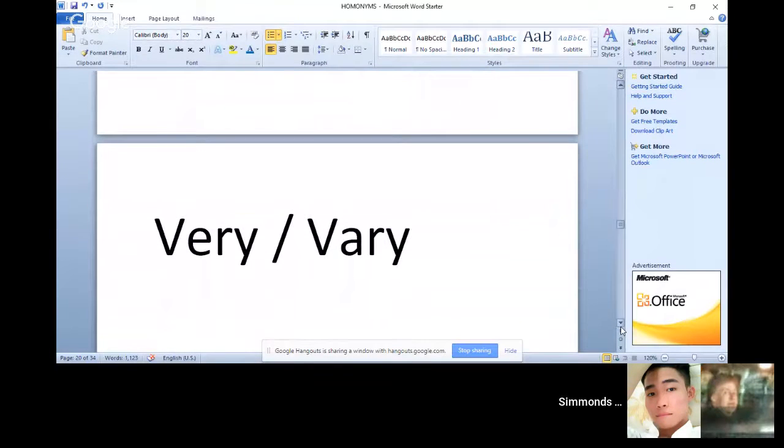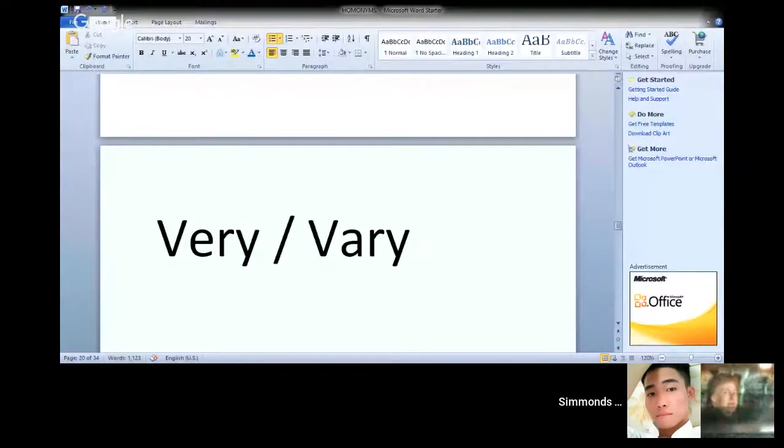Okay, so what about the 2 words vary? Any idea? I mean, one of these should be very familiar, and the other one I'm not really sure. The first one is very, so large portion or reinforce the meaning.